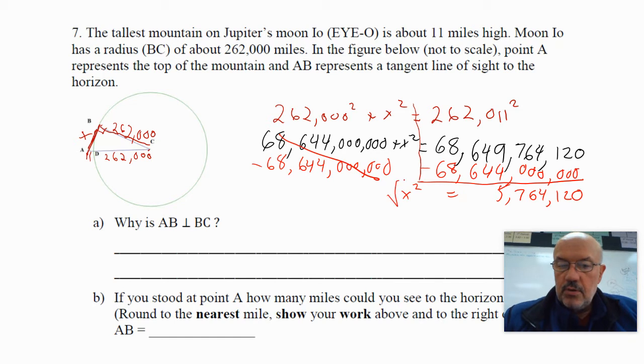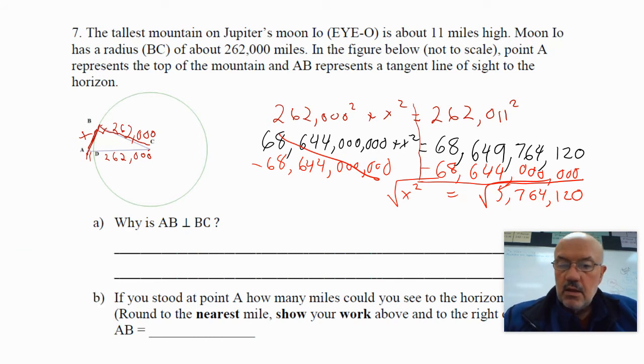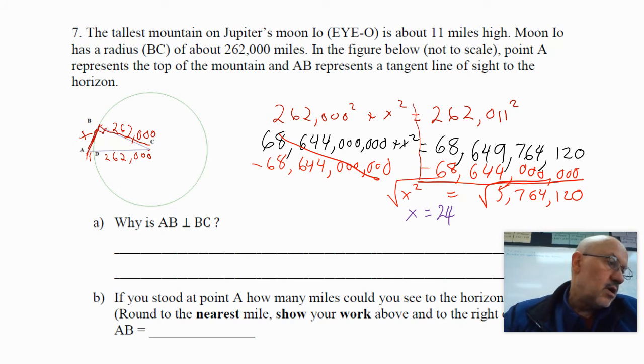Now when you square root that, you see that x equals about 2,401 miles when we round it, because I think it's 2,400.8 and something. So we'd round that 0.8 part up to 1.